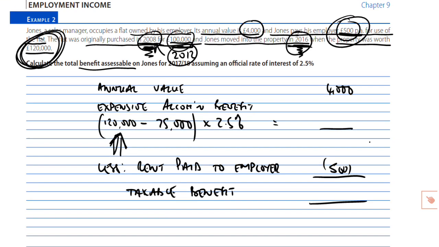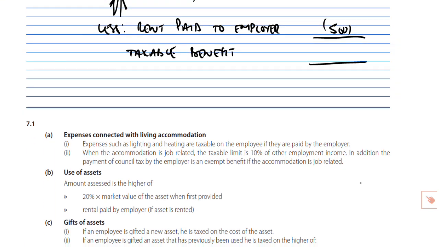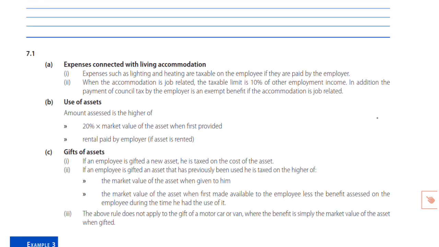All right, we now move on to what is usually a part of the question that we've just seen. Because as well as providing the accommodation for the use of the employee, what the company might also be doing is to incur expenses connected with that living accommodation. So there are more costs being incurred by the employer on behalf of the employee.